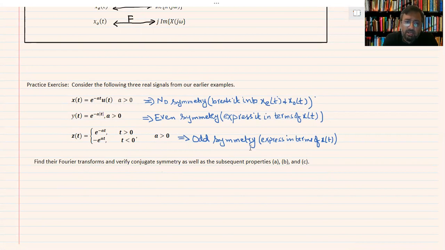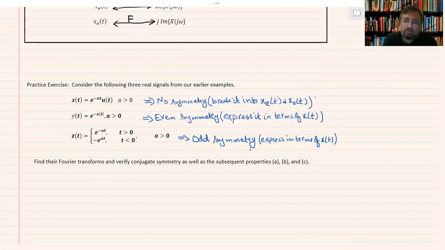I hope you have already computed their Fourier transforms. If you have not, do it in this practice exercise and verify the conjugate symmetry as well as the subsequent properties A, B, and C that we discussed above.